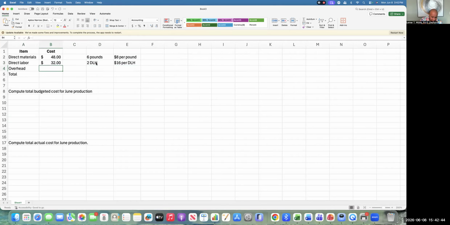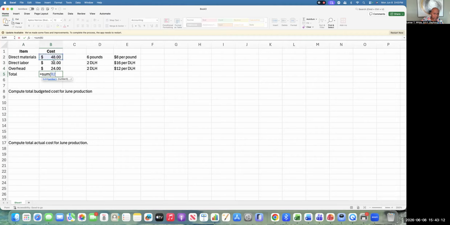Last but not least, overhead. We attribute 2 direct labor hours, and the cost is $12 per direct labor hour. So we multiply 2 times 12, and we get 24. Then we add together these three numbers, and the standard cost to produce each unit is $104.